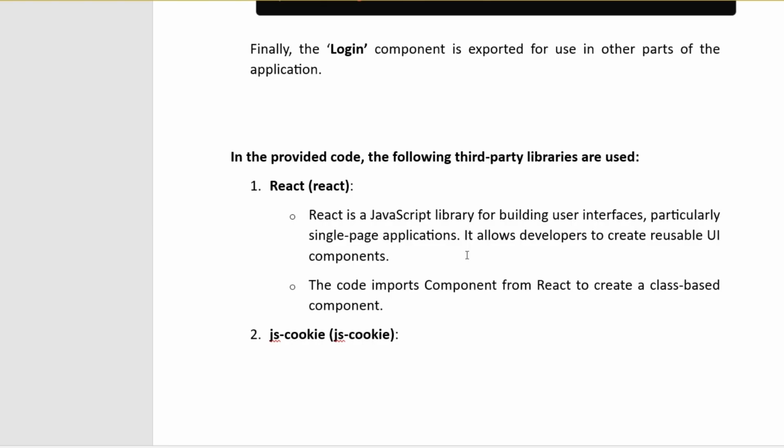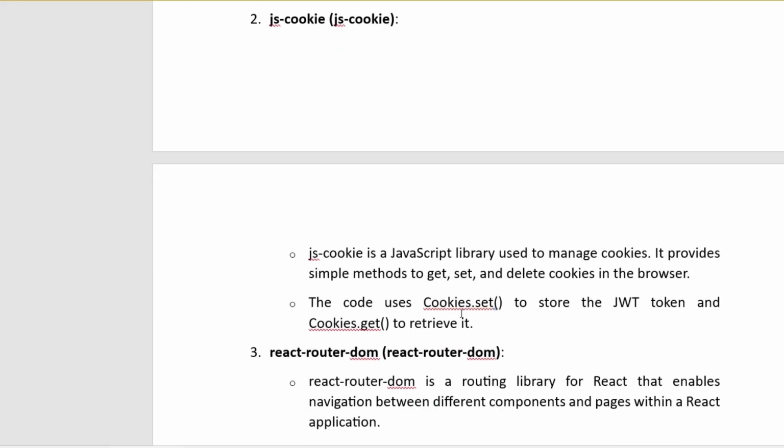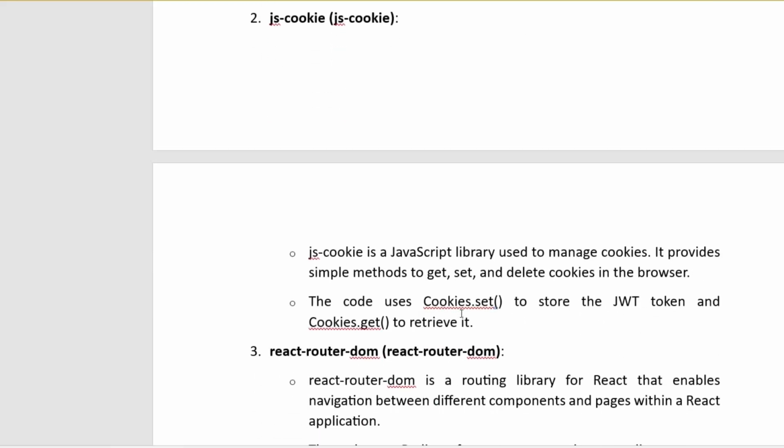And in this component, I use third-party libraries: React and JS Cookies. We know that it provides simple methods to get, set and delete cookies in the browser, and the code uses Cookies.set to store the JWT token and Cookies.get to retrieve it.